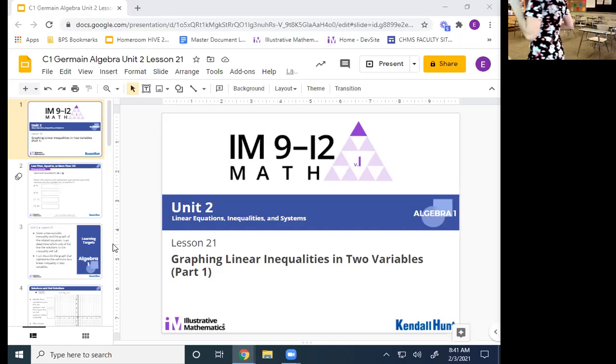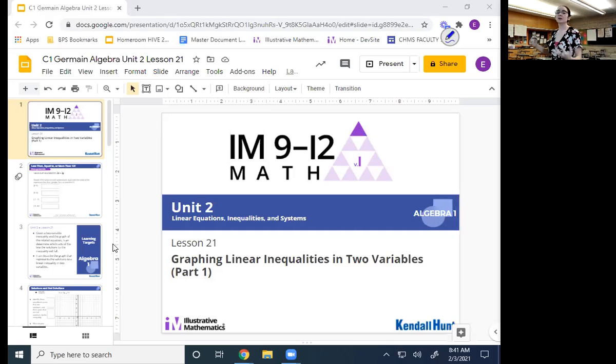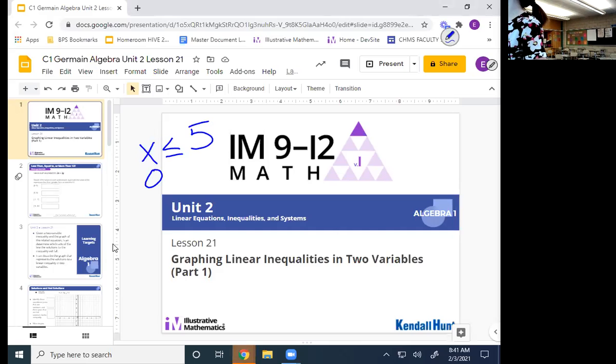So we're talking about graphing inequalities with two variables. When we're talking about one variable inequalities, that's like when we're looking at x is less than or equal to 5, or if we were to say y is greater than or equal to 7. We're talking about only one variable here.